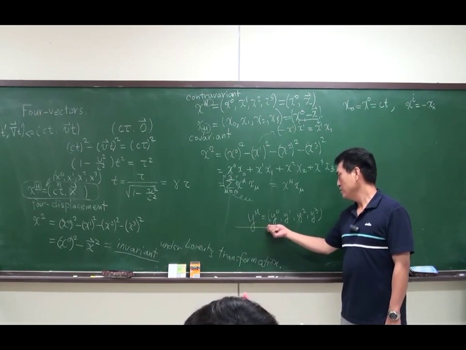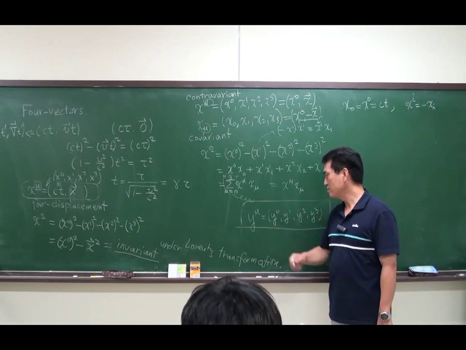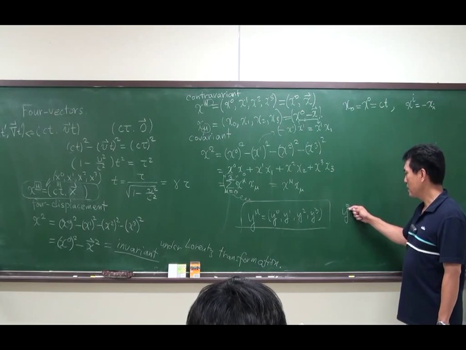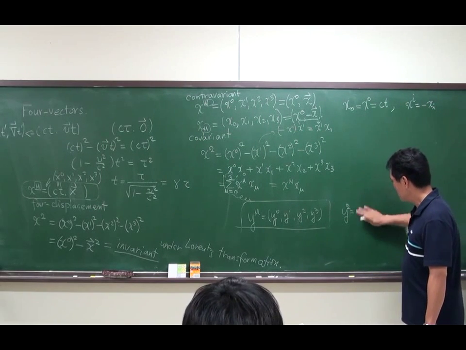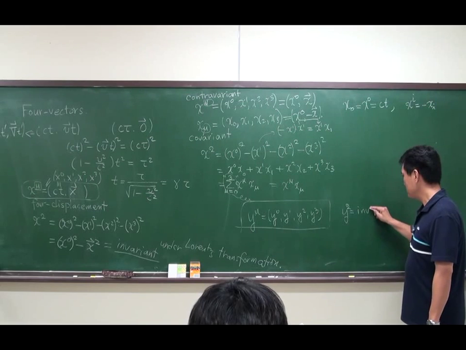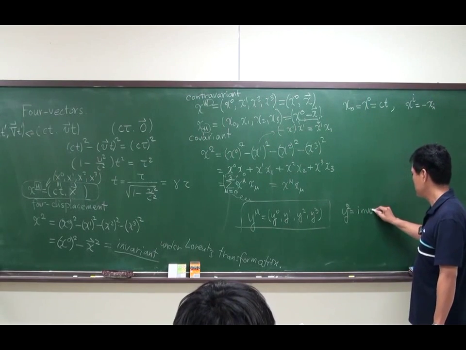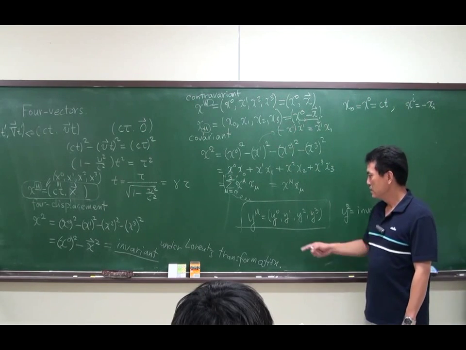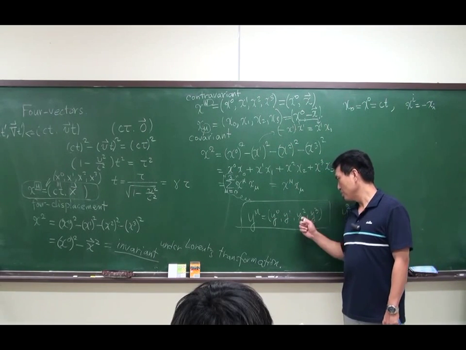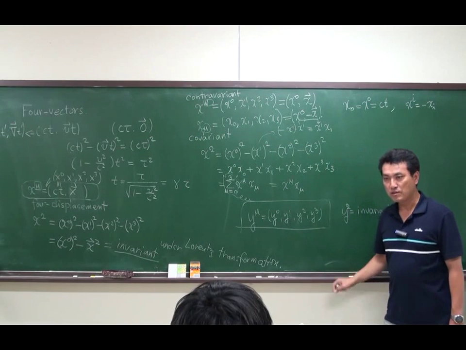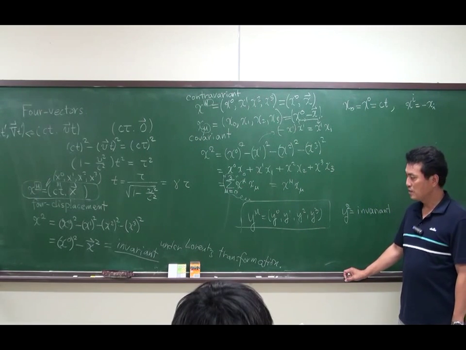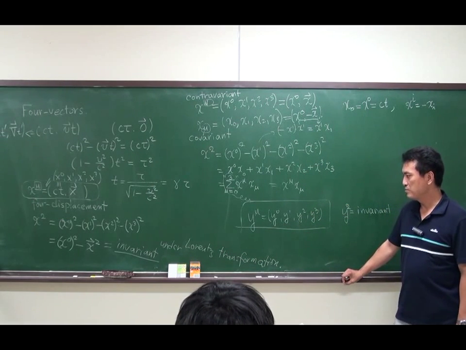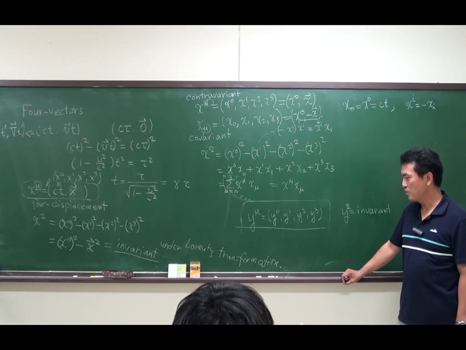Let's assume if this guy is a 4 vector, then its square is invariant. And each component of this 4 vector transforms on boost or rotation.